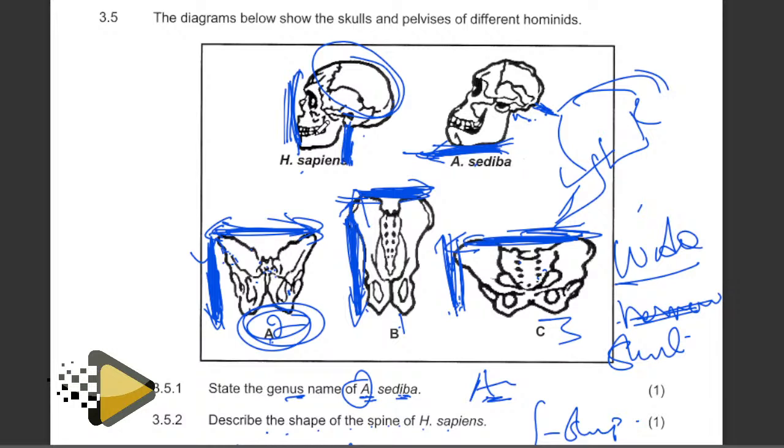So the significance here, you have to talk about the cranium becoming bigger, creating more space for the brain, meaning more brain cells, so intelligence is linked here, while here it is small.